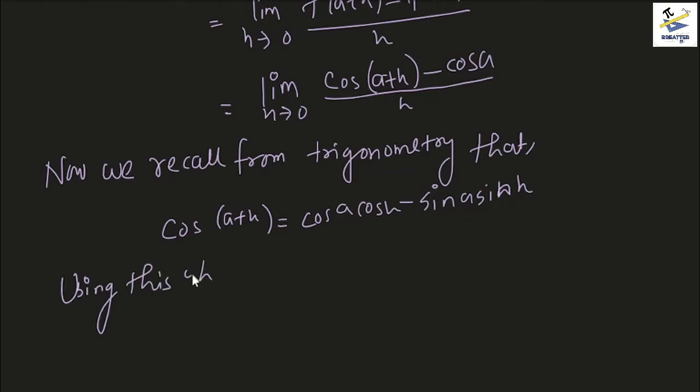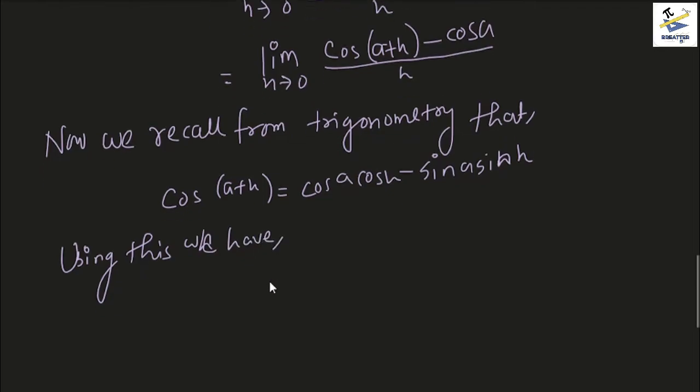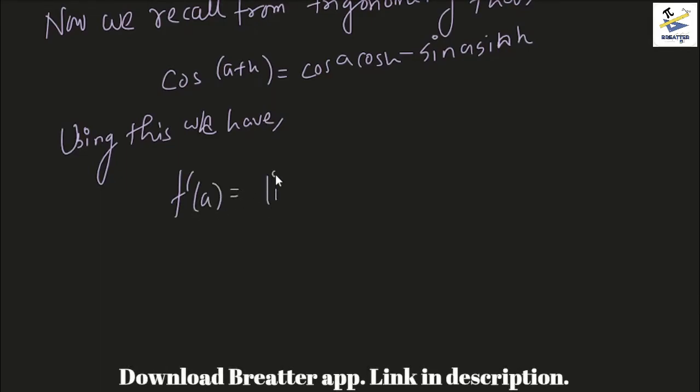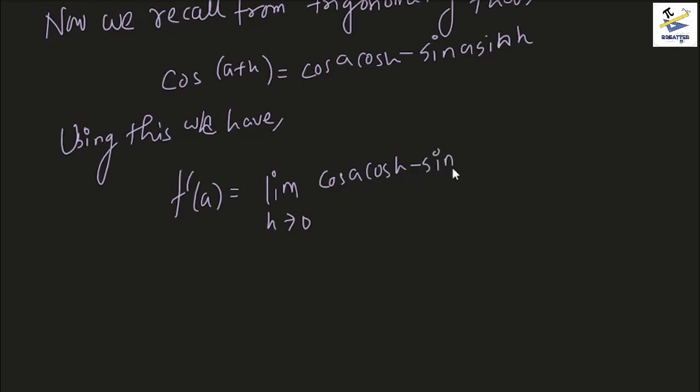We have f'(a) equals limit h tends to 0 of (cos a cos h minus sin a sin h minus cos a) divided by h.